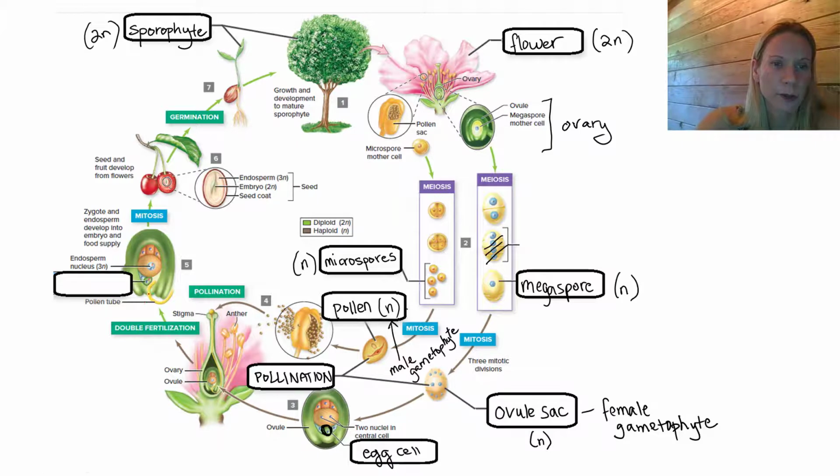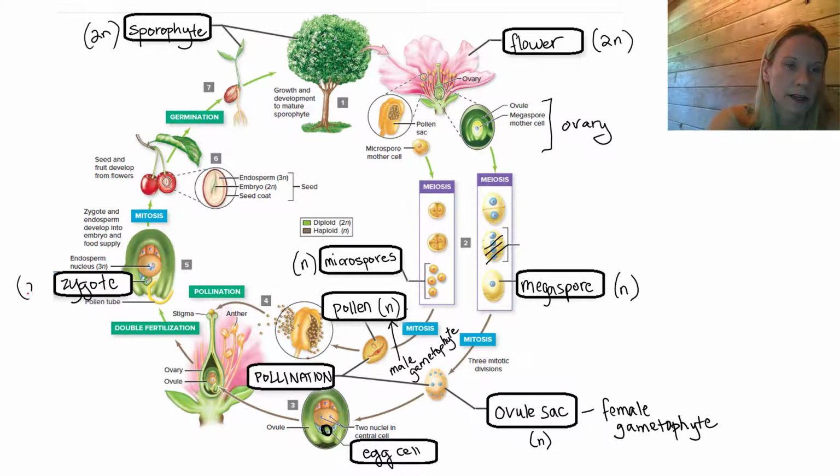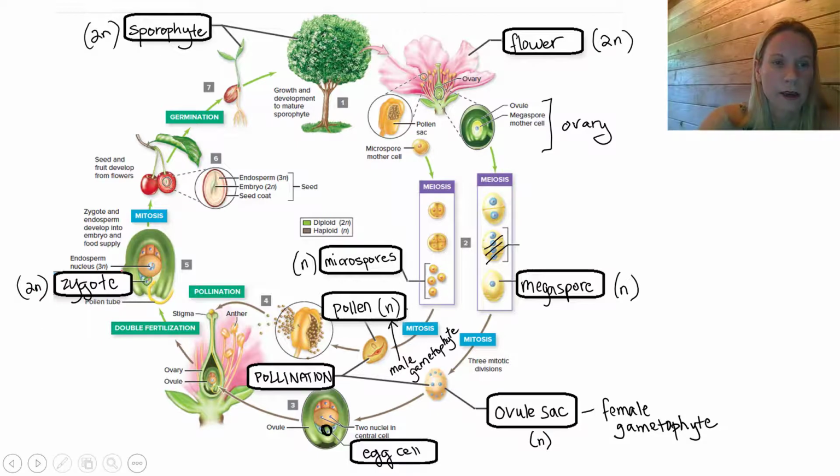Of those two sperm, one will fertilize the egg and form the diploid zygote. The other sperm will fertilize the endosperm, or the central cell.